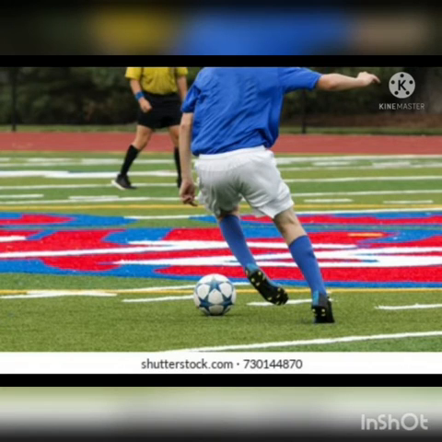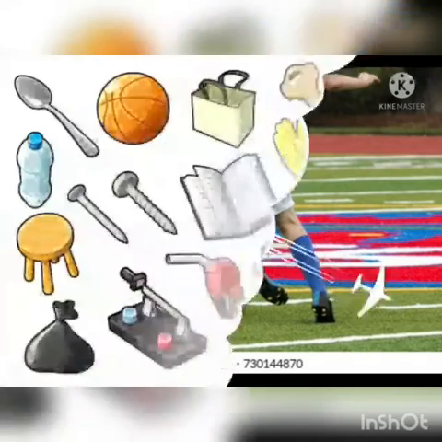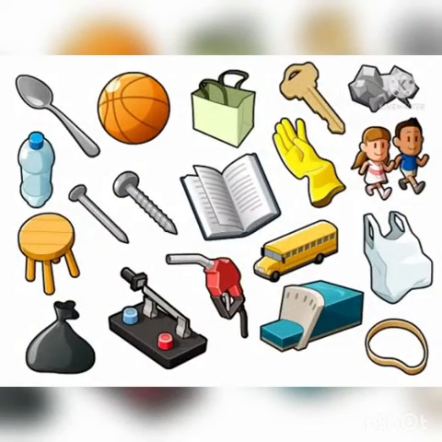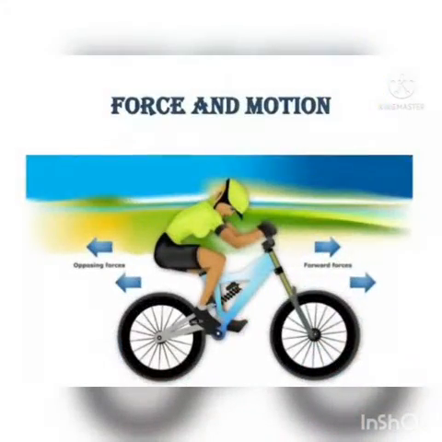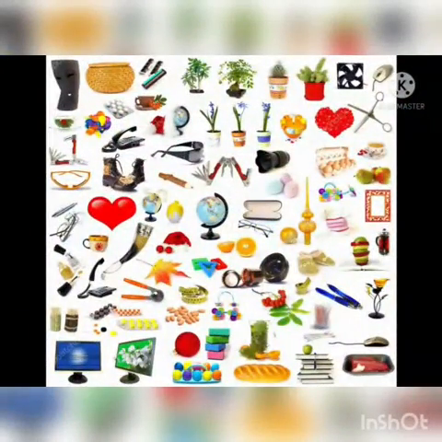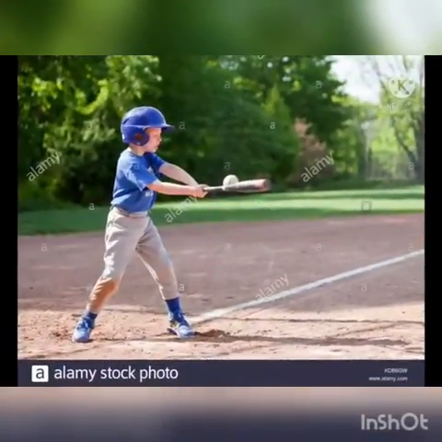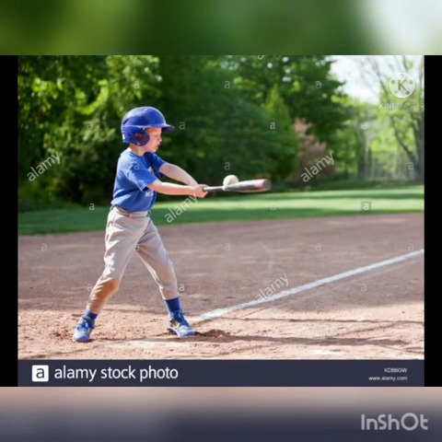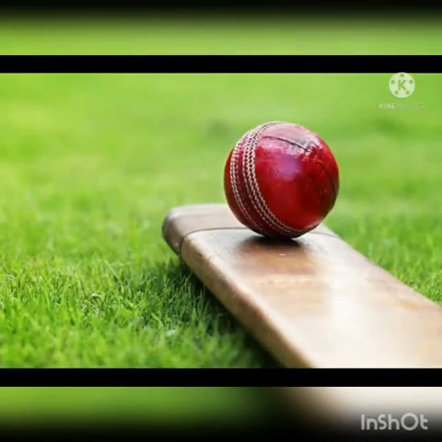So from this observation, we can say that when a force is applied on an object, it may change its speed. Now, how can a force change its speed? If the force applied is in the direction of its motion, the speed of the object increases. For example, a boy keeps hitting the ball in the same direction as the motion of the ball, and the speed of the ball increases.